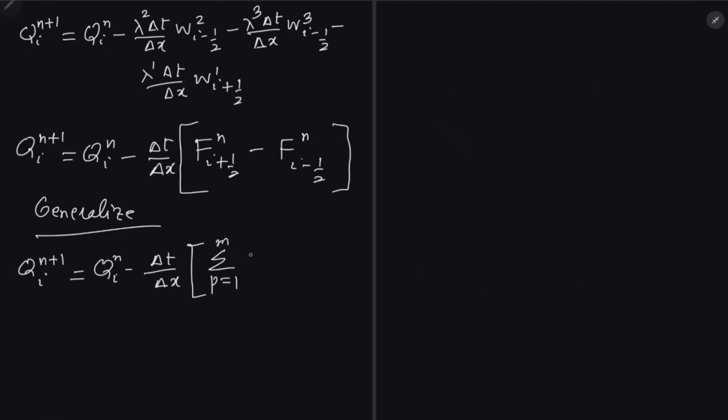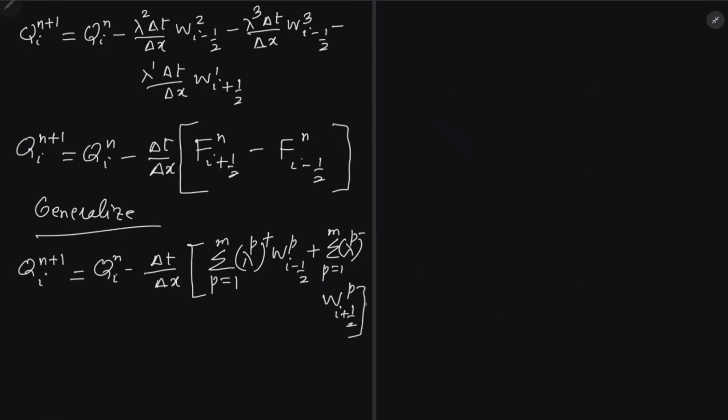There are m waves. Some of these are positive, these are coming from left to right, these are moving from left to right. And also we have p is 1 to m, and these waves are, for example, lambda p negative and W^p_{i+1/2}.